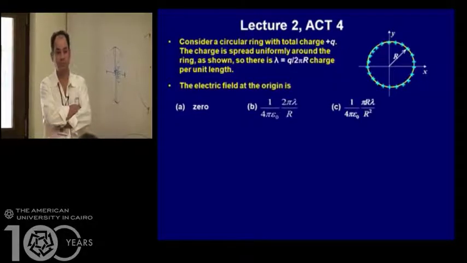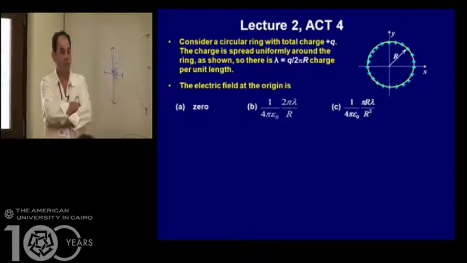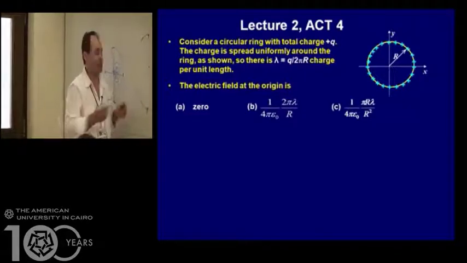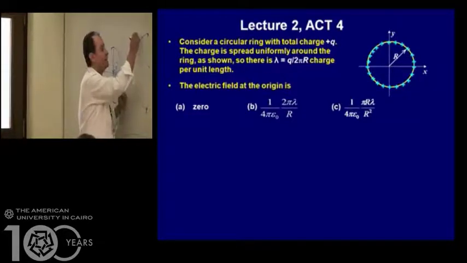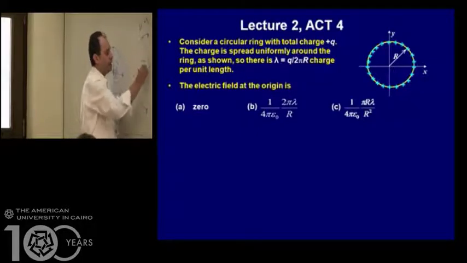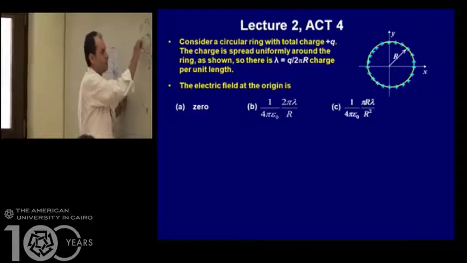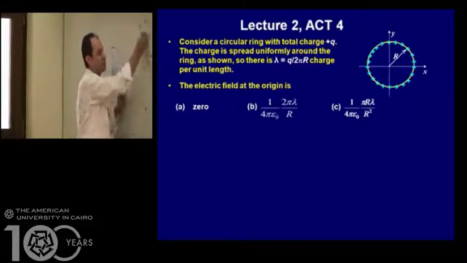I said that you're going to do exactly the same thing. You're going to take a segment that has a length of dx and a charge dq, and you'll find that segment will make an angle d theta here, and this angle is theta. That segment is at an angle theta from that line.